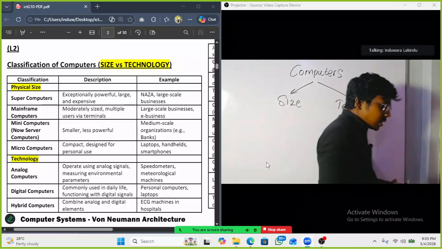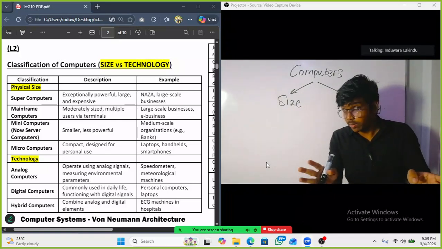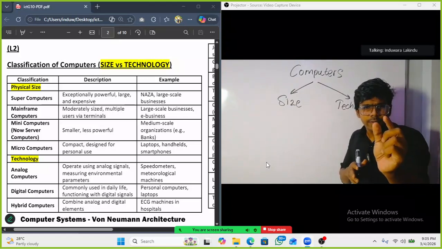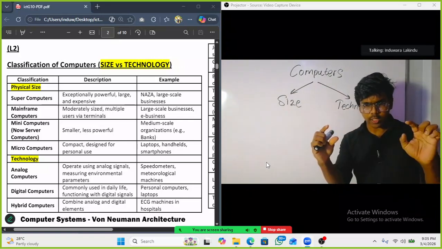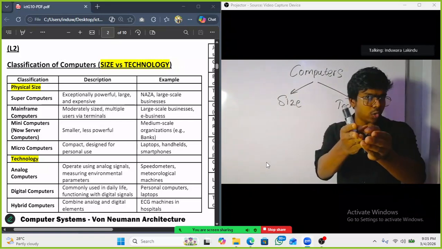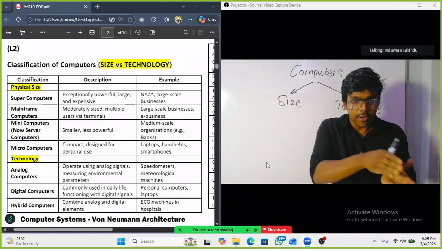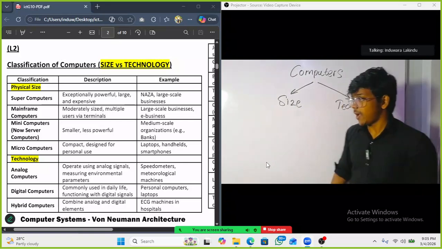That means, sir, are the computers in 2 categories? No. This is the way. Now assume yourself, based on your age, we can categorize you as a kid or an adult.